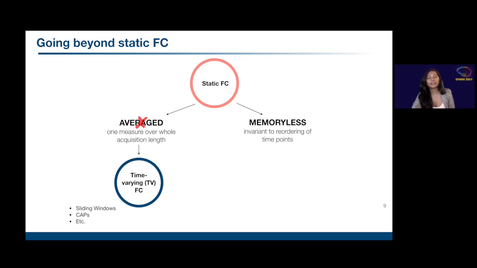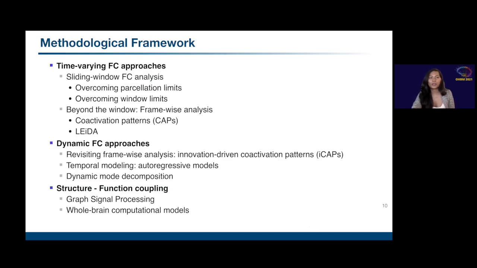Meanwhile, detaching from the memoryless property of static functional connectivity are dynamic functional connectivity approaches such as autoregressive models and ICAPs, or innovation-driven co-activation patterns, as well as spectral approaches. Therefore, in this talk, we will discuss these methods, in particular the time-varying functional connectivity approaches and the dynamic functional connectivity approaches.